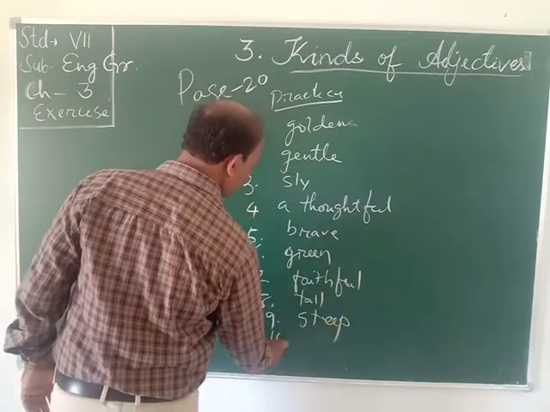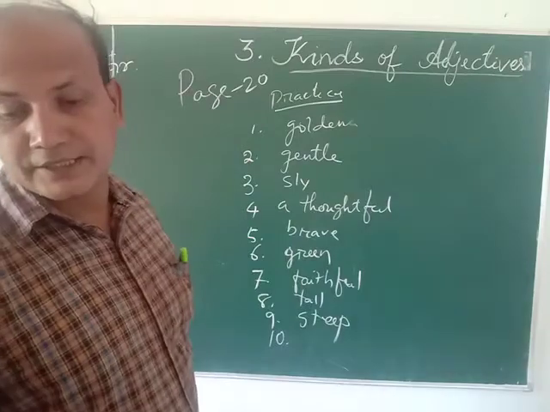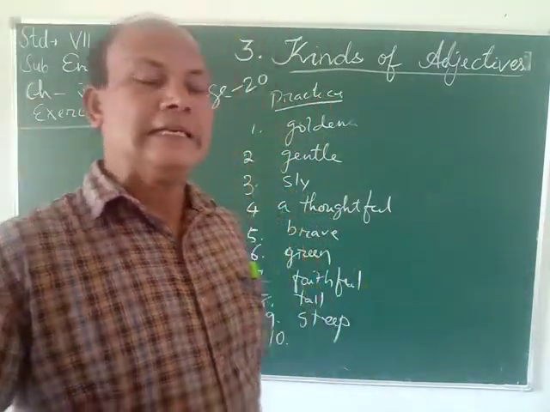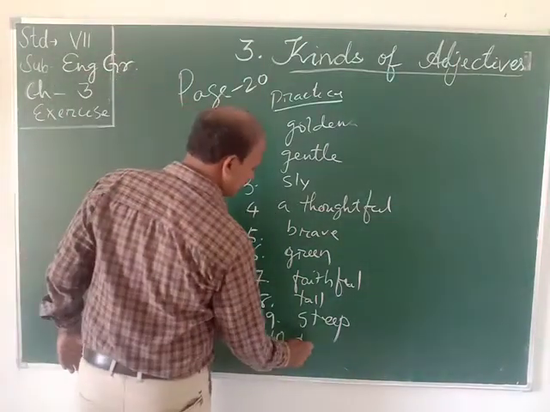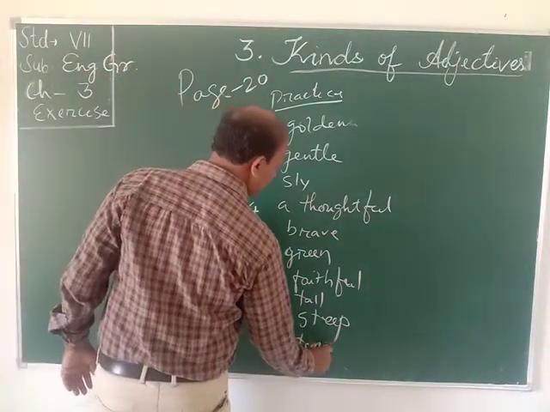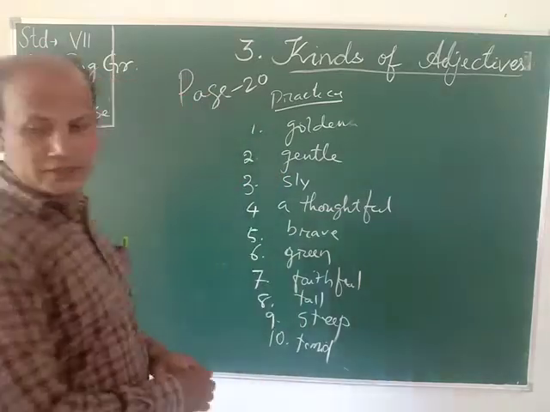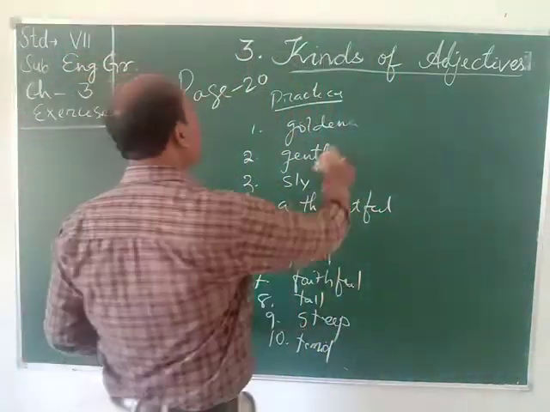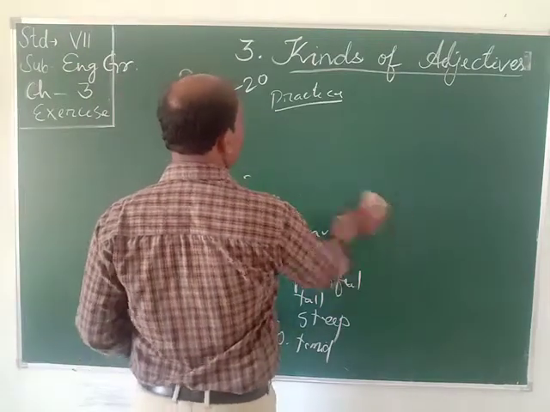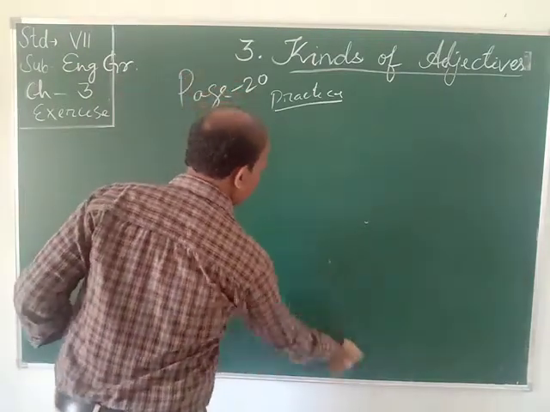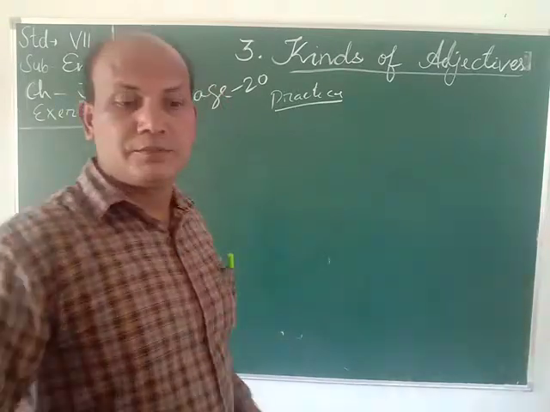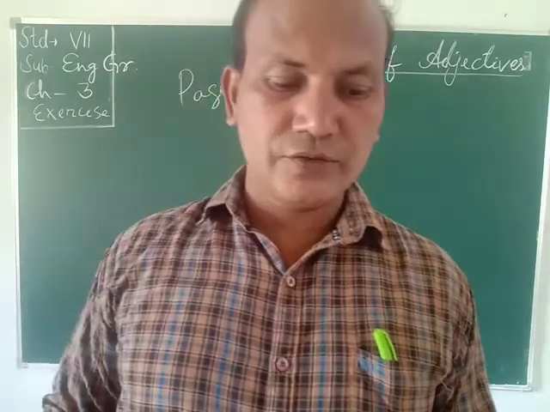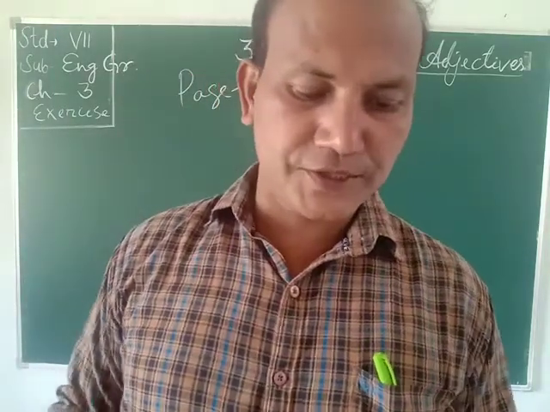Steep. 10 number, dash child, a timid child. Timid. So these are all about this A number. Now let's come to B number question answer. Fill in the blanks with the suitable adjective from the box.